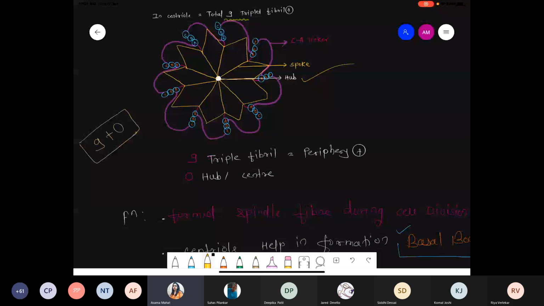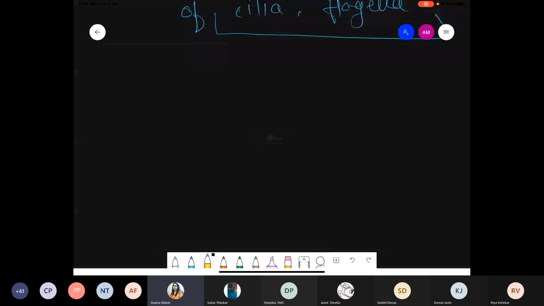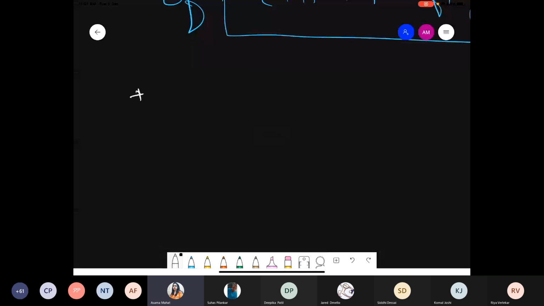Now another point, cilia and flagella, 9+2 arrangement. There is confusion here. Next part we are talking about eukaryotic cilia and eukaryotic flagella. In bacteria flagella are present, but here we are talking about eukaryotic cilia and flagella.